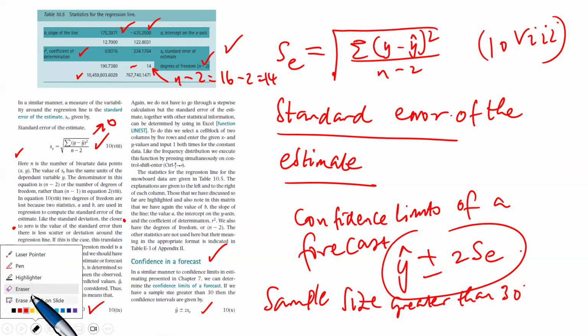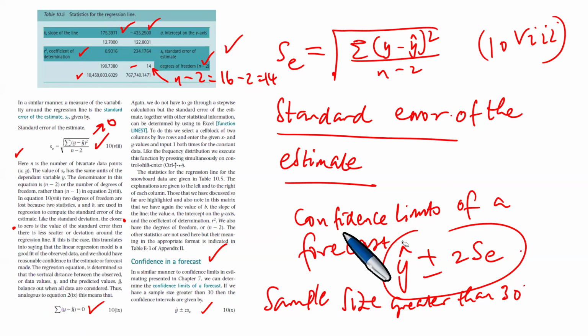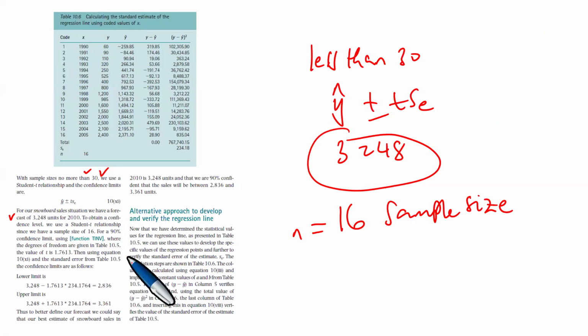The one with the Z is used for sample sizes greater than 30.